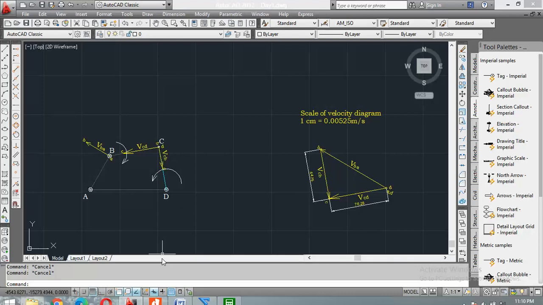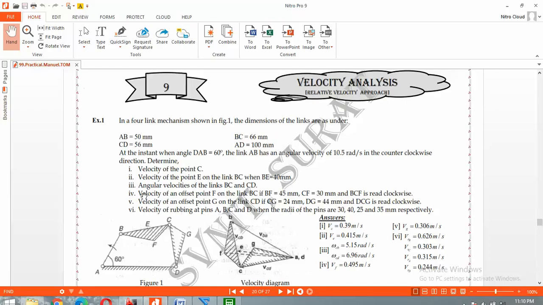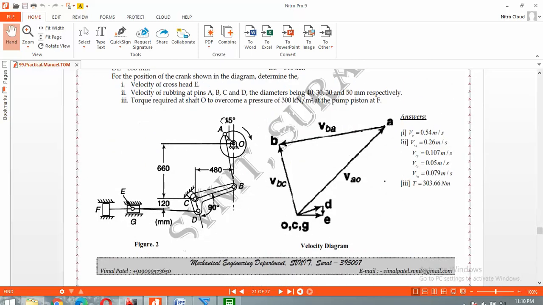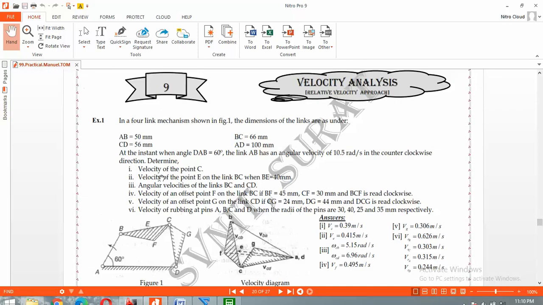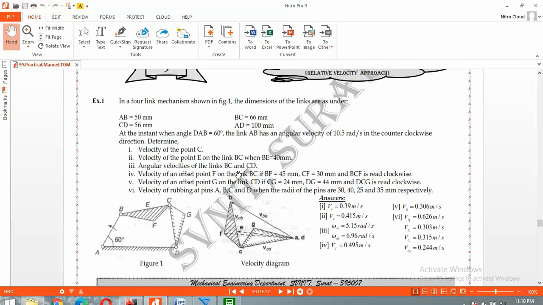The remaining points, how to find velocity of any point on the link and how to find velocity of rubbing and another offset point, I will explain in the next example. Then after that I assume you will find it for this example also.